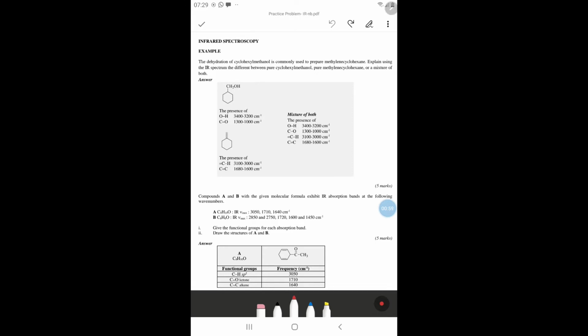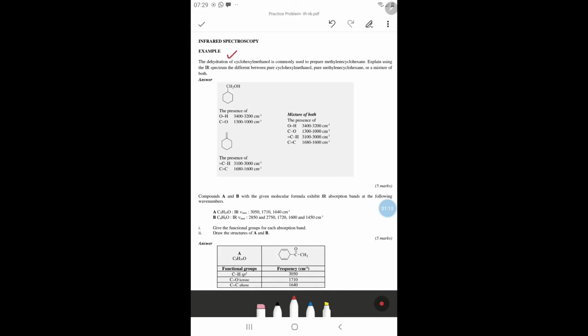The word here is dehydration. Just imagine if you don't know what dehydration is, you don't know how to answer this question. Dehydration means removal of water from cyclohexylmethanol.